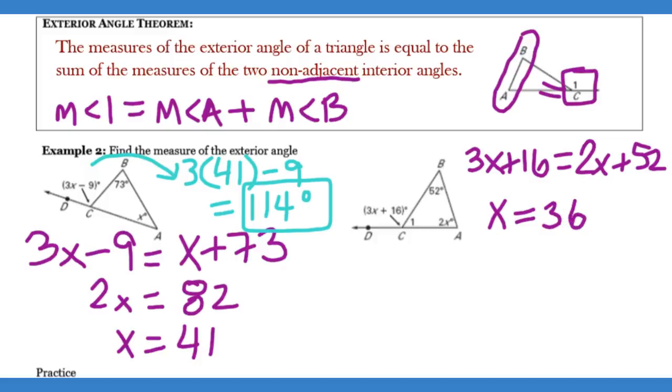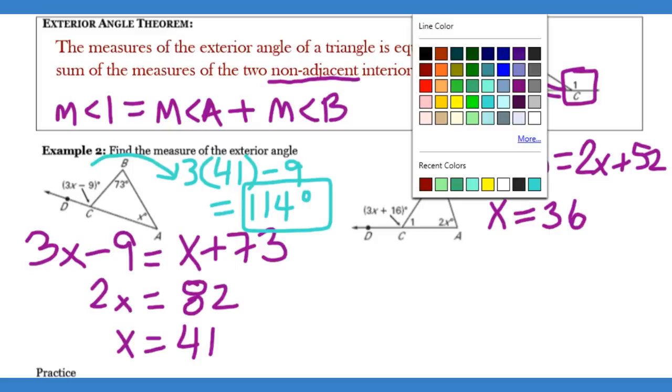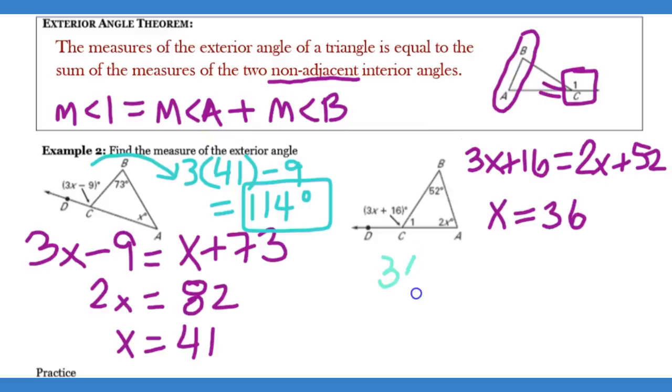And I want to find the measure of my exterior angle. So I'm going to plug that in. 3 times 36 plus 16. And that's going to equal 124 degrees.